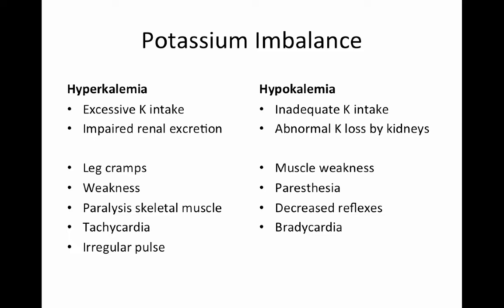The reason they have bradycardia is because of that reduced cellular excitability. If they can't initiate that depolarization, the cells can't get excited, and you will have a slow heart rate initially. Okay, you do see hypokalemia again in the elderly. Those patients who are taking potassium wasting diuretics frequently will have hypokalemia.